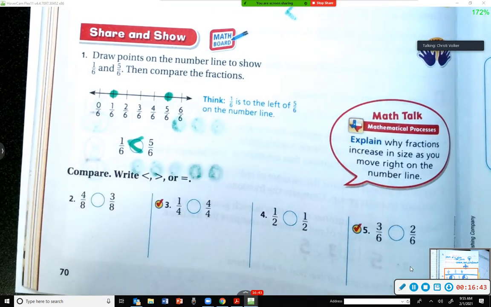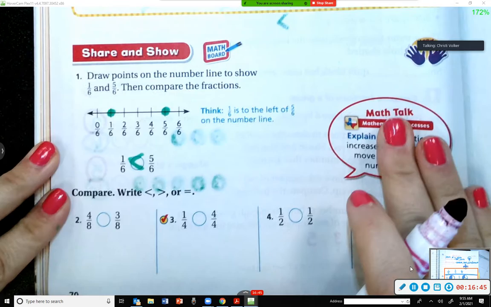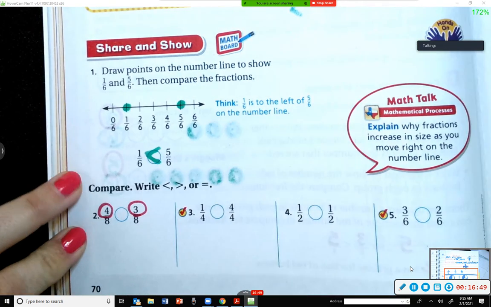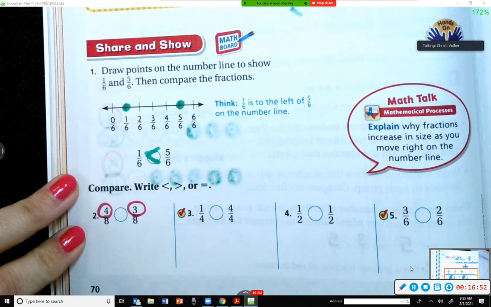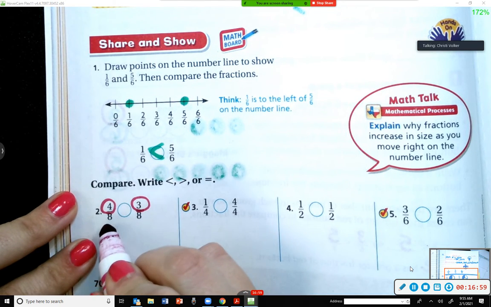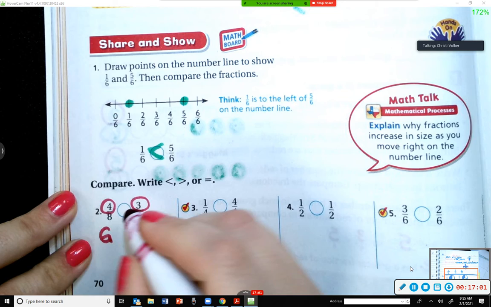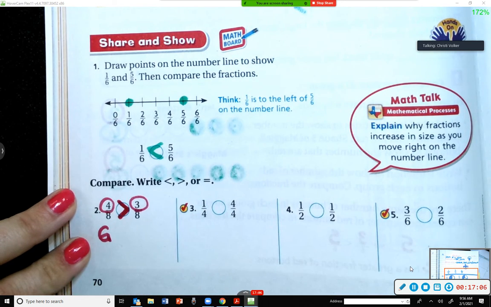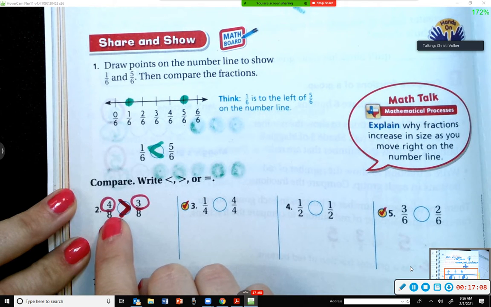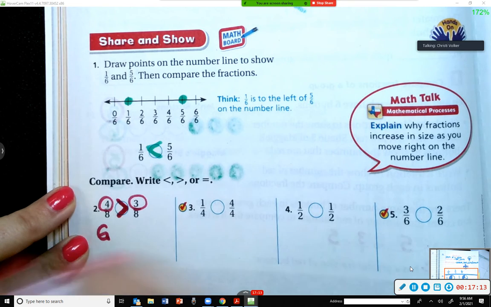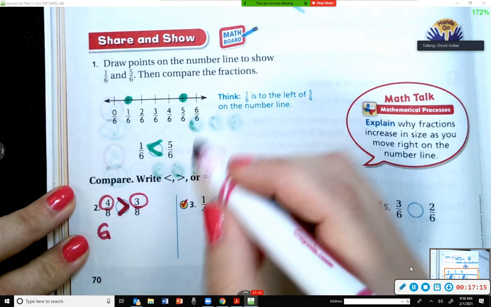Okay, so for number 2, all you have to do is look at the numerators, which is the top. 4 and 3. Which number is greater, 4 or 3? 4. So our mouth wants to eat that bigger fraction. So I want my mouth to be open towards that bigger number. So I would read this as 4/8 is greater than 3/8. Same thing, number 3, you only want to look at the numerators.